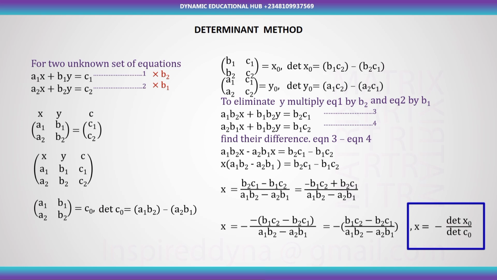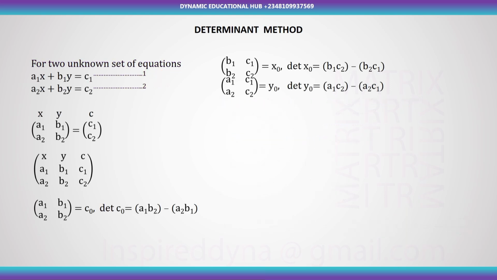That is x. Now let's try to do the same thing for y. And that is what we have here. Doing the same thing for y, this time around we want to eliminate x from this equation. To eliminate x, just like the elimination method in simultaneous equations, we multiply equation 1 by a2 and equation 2 by a1.